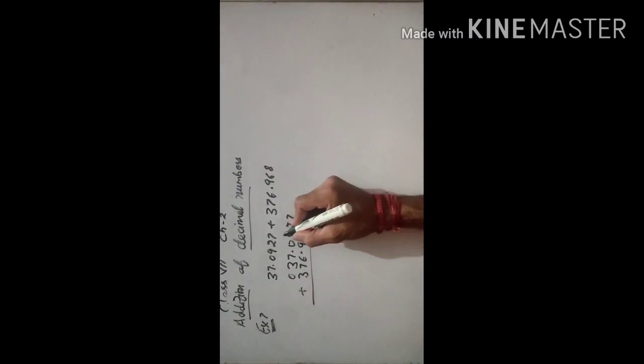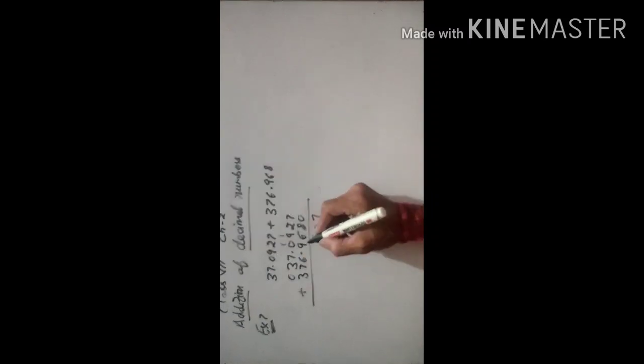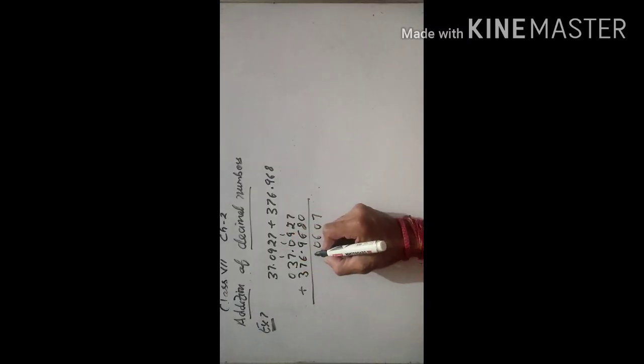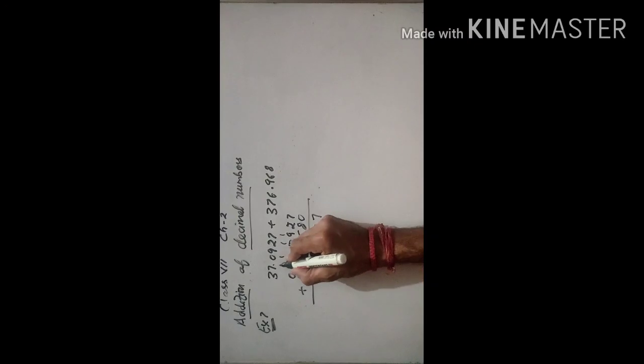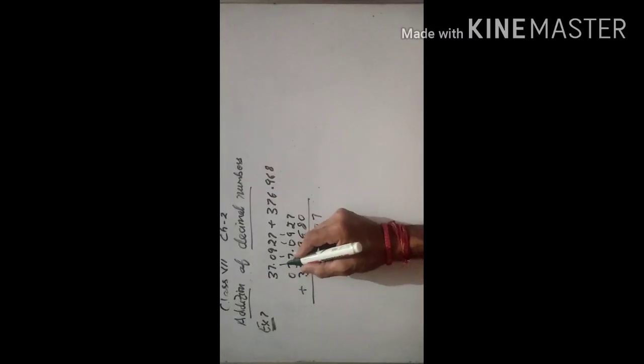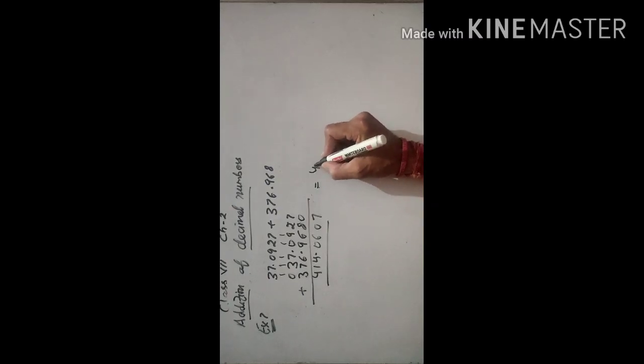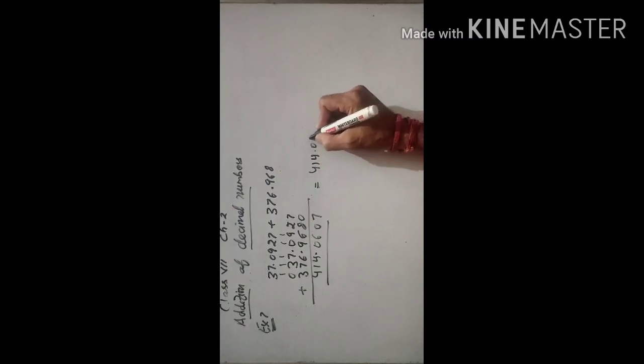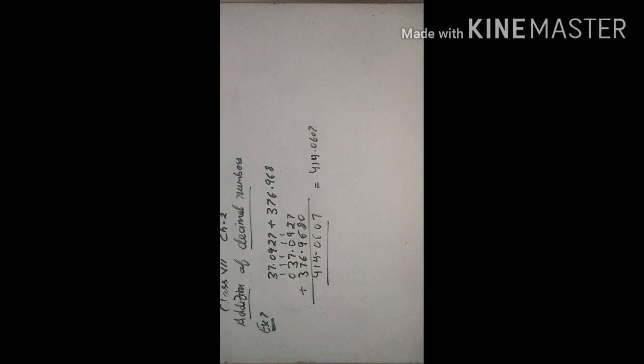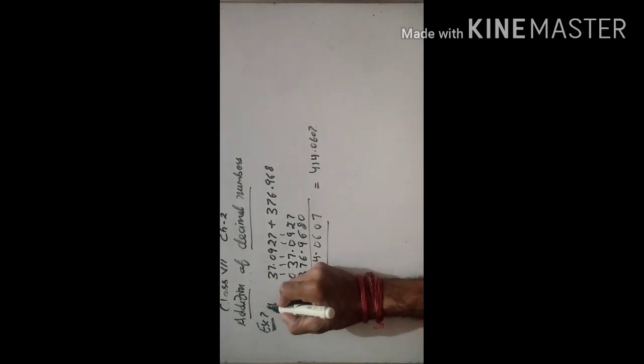7 plus 8, 2, 10, carry 1, 16, 1, 10, 1, then 14, 7 plus 3, 10, plus 1, 11. So the answer is 414.0607. Now this is the first part.